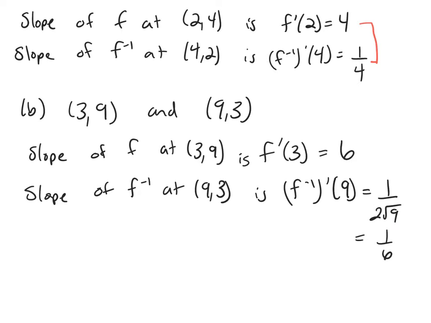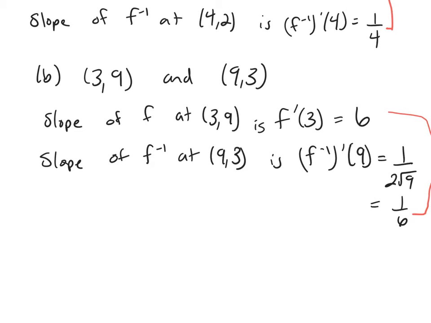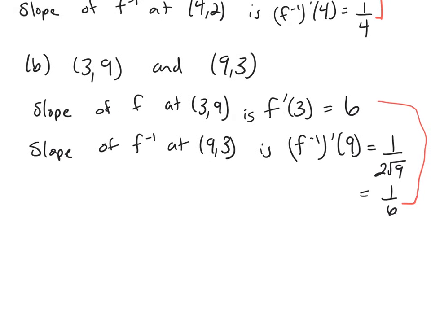And in fact, if you compare these two numbers, you'll see these are reciprocals of each other. 6 and 1 over 6 are reciprocals. So that's exactly what happens with a function and its inverse function. The derivatives are reciprocals of each other.